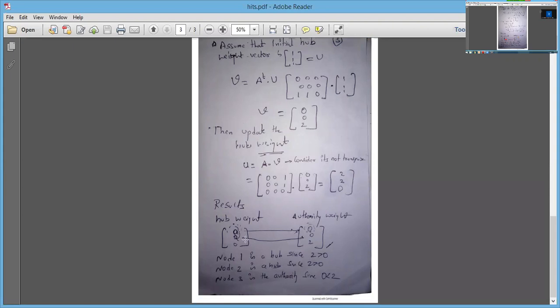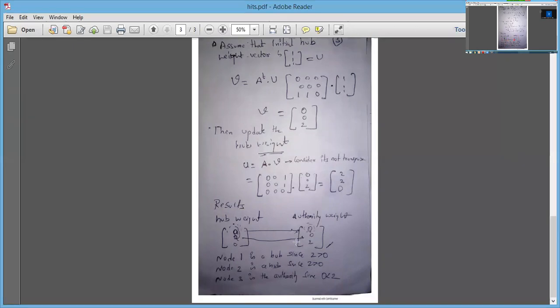Node 2, again 2 is greater than 0. What you are seeing here is 2 is greater than 0. Again it is a hub. But node 3 is an authority, since 0 is less than 2. Means in degree, out degree, out degree, in degree.